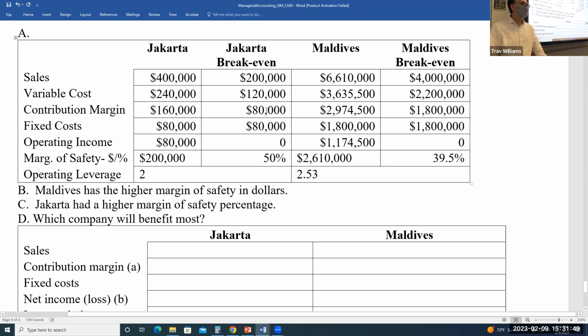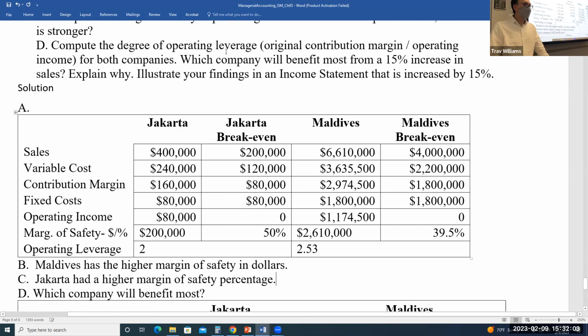Okay, so compared to their break-even point, Jakarta was actually doing better as a percentage of sales. Okay, so D, we need to figure out which company will benefit the most from a 15% increase in sales.